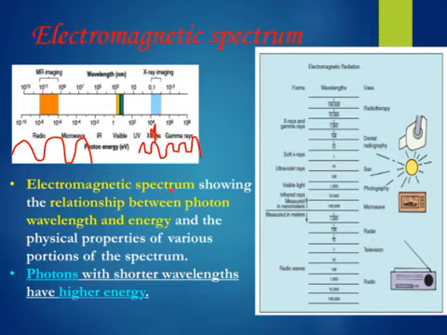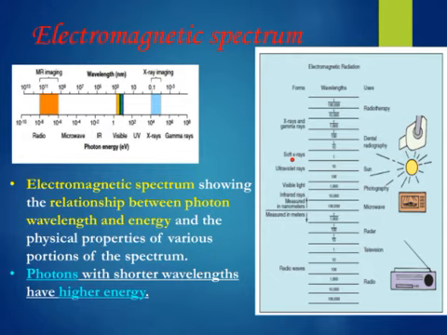So X-rays belong to shorter wavelength and high energy radiation in the electromagnetic spectrum. You can see here medical imaging, radiotherapy, dental radiography, X-rays and gamma rays.